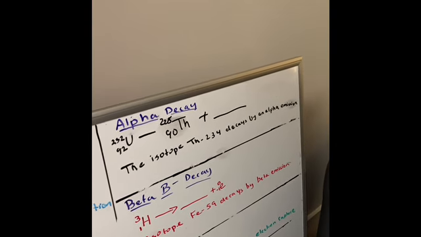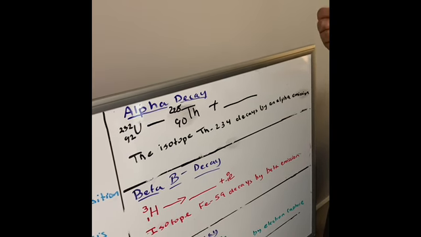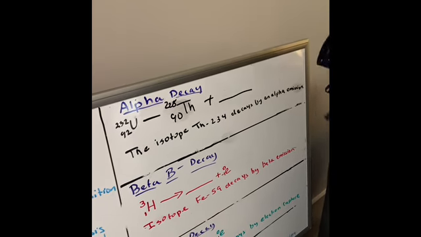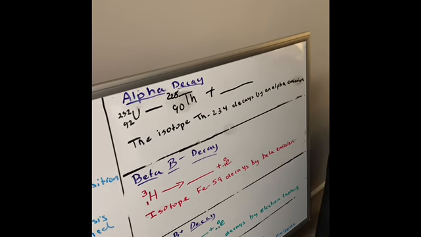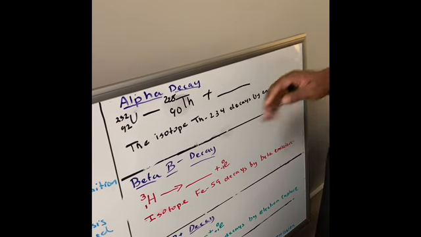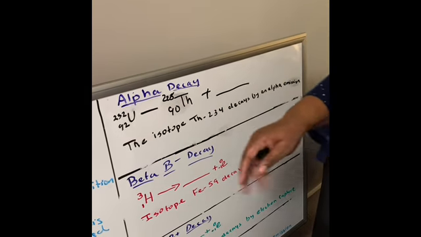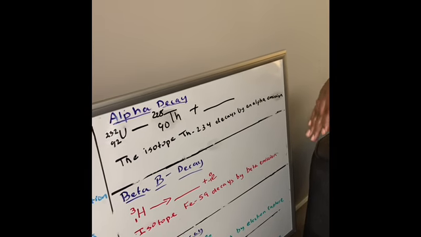And what you're going to get is the breakdown of a nucleus into the next element and helium. So I need you to be mindful that whenever a nucleus breaks down, like what we're going to see with this uranium, we're going to get the new element plus helium.